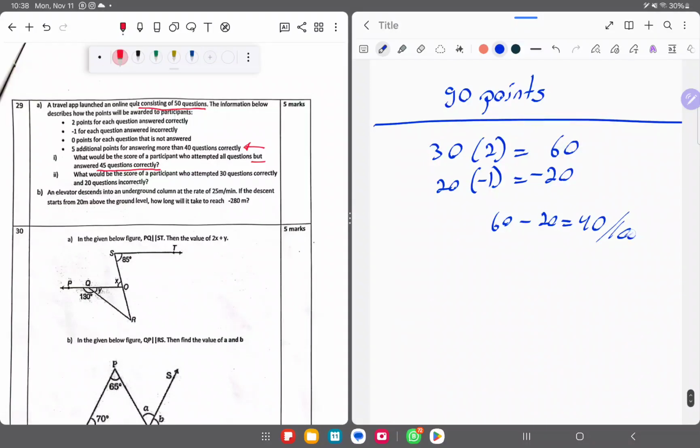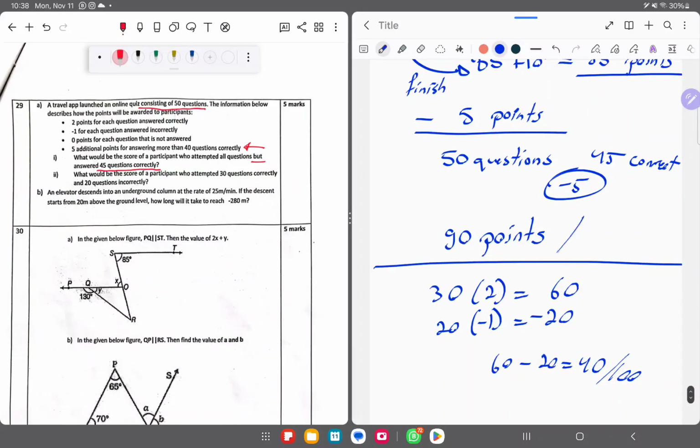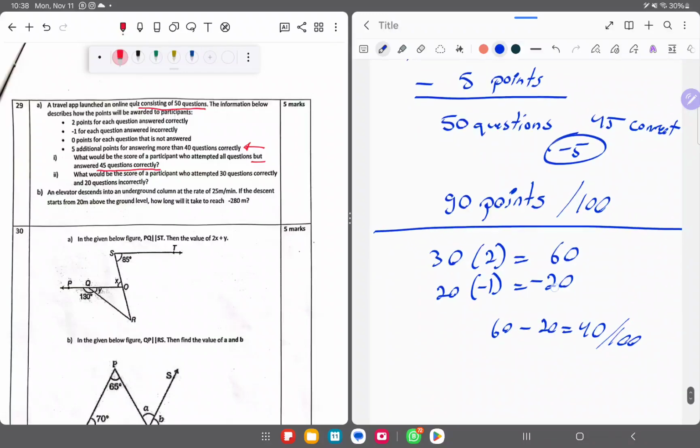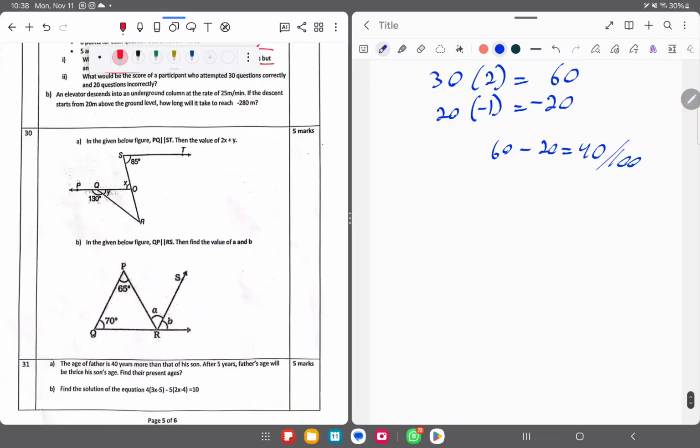So you got 40 over 100, and over here I got 90 over 100. 5 questions cost 10 points.